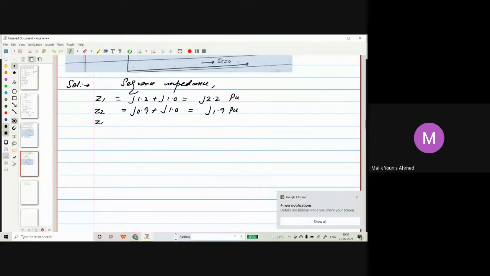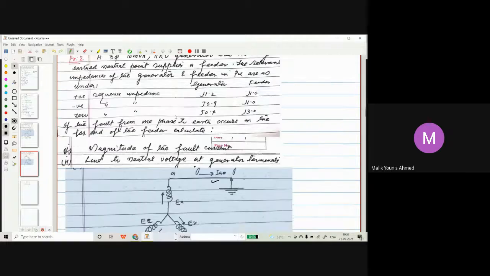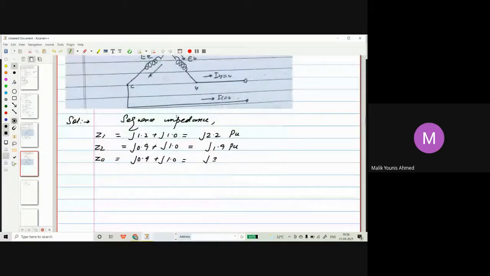And third, the zero sequence impedance is j0.4 plus j3, sorry, it is 3 on this side, so 0.4 and 3. That will be j3.4 in per unit. So this is the total positive, negative, and zero sequence impedance.